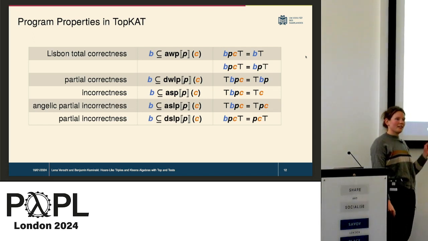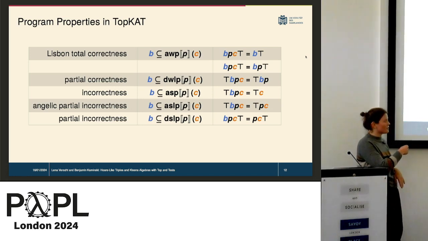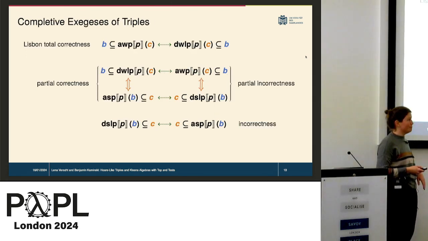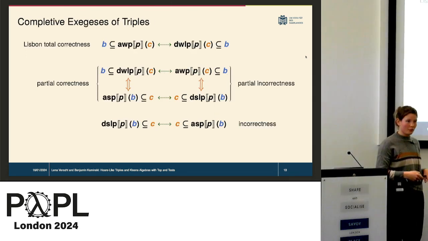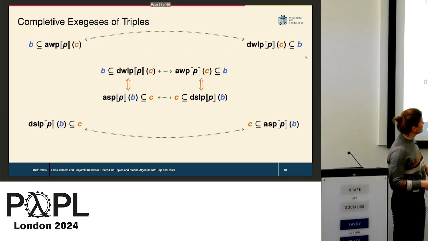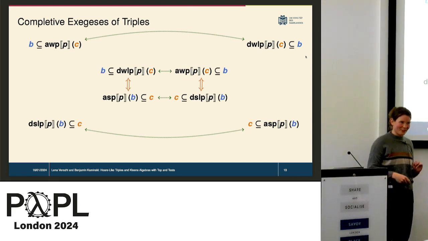So let's extend the picture that we've seen before to accommodate these different resolutions of non-determinism. This is the picture we have seen before, and I'm just going to remove the names and make some space for the other triples.